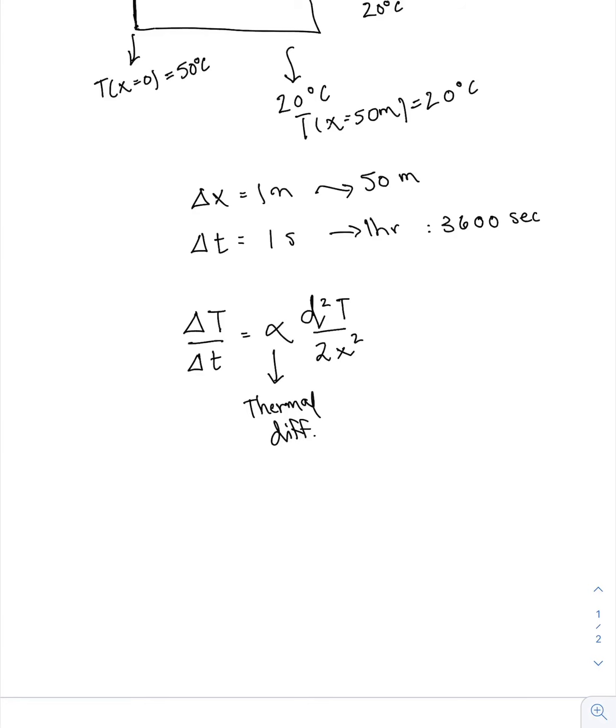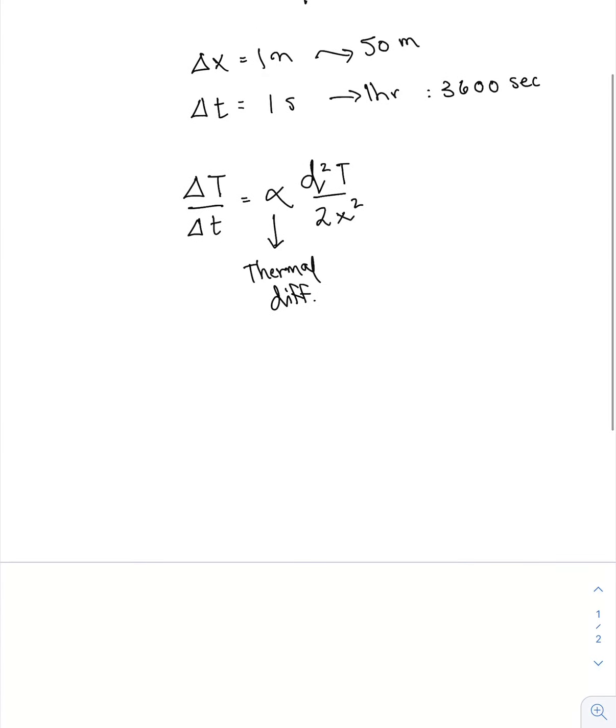And so we can write this in terms of the previous and following temperatures: Tj n plus 1 minus Tj n, still over delta t, and that'll equal the same thing, alpha over 2 delta x squared in this case.